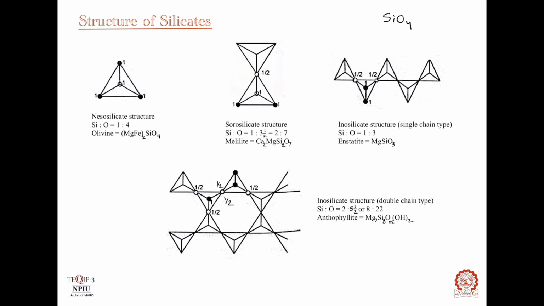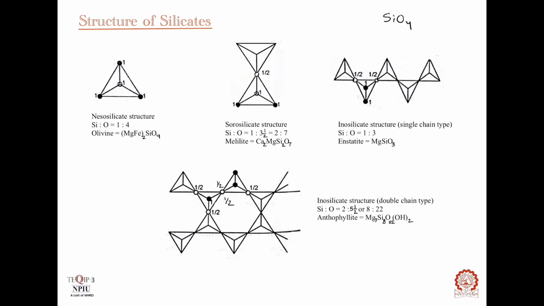Next is sorosilicates. In this group of minerals, the silicate tetrahedra occur in pairs. Look at here, this oxygen atom is shared between 2 units of tetrahedron. So here the ratio between silicon and oxygen is 1:3 and a half. How can we represent this ratio? Pick one unit of silicon tetrahedron.